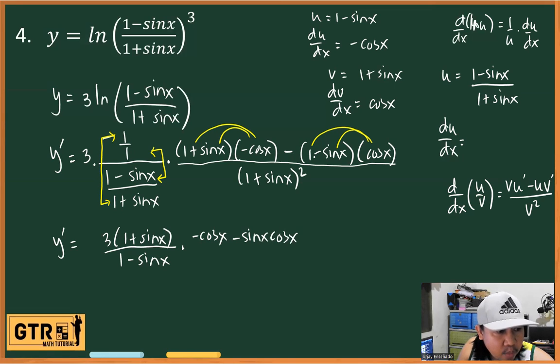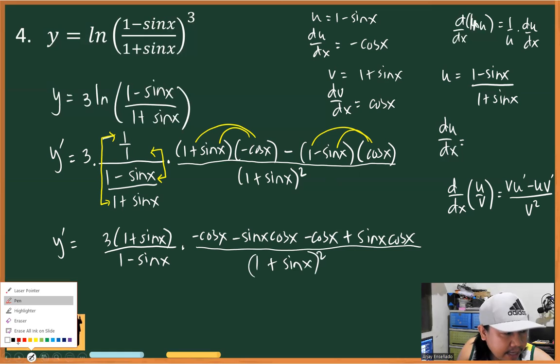And then negative 1 times cosine x, so we have negative cosine x. And then negative of negative sine x is positive sine x, and then cosine x, so positive sine x cosine x, all over 1 plus sine x squared.